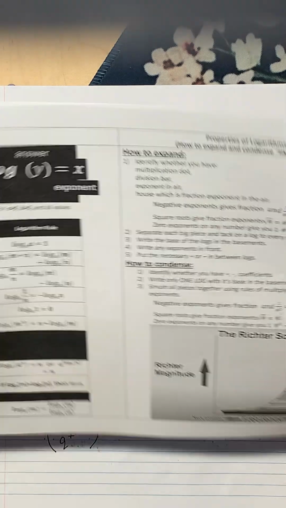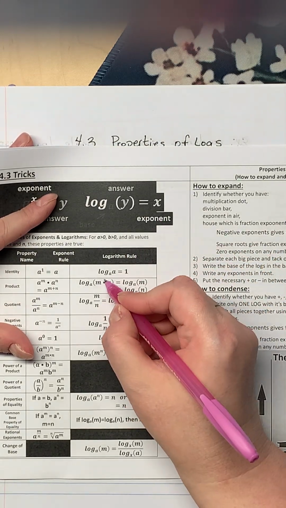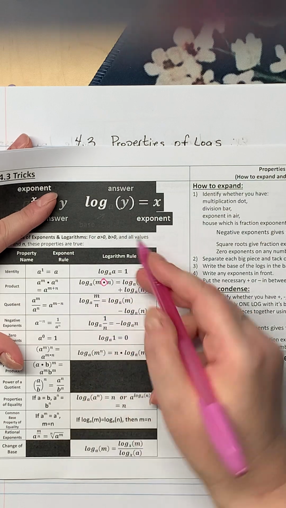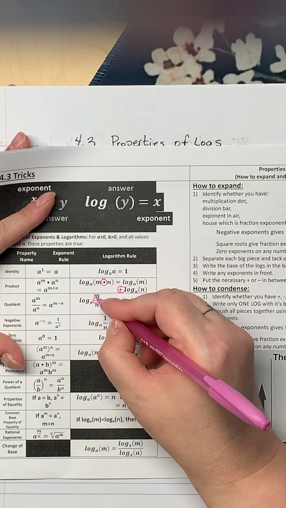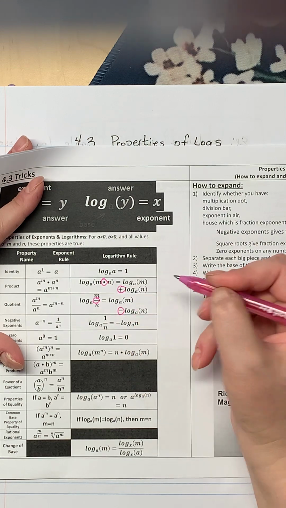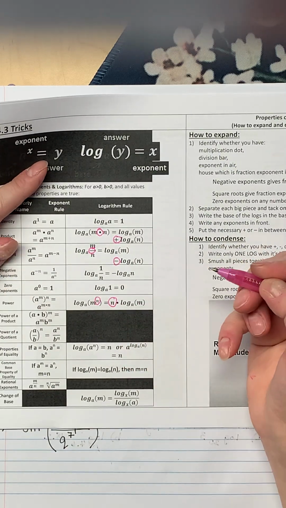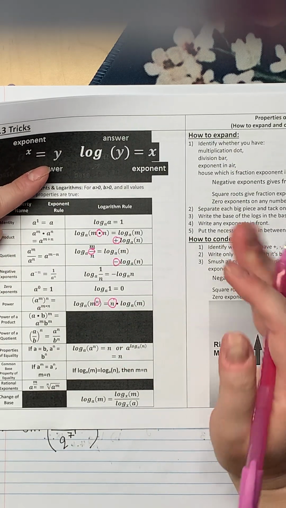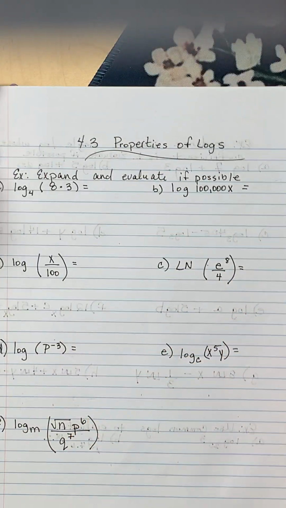So one of the rules is if you have something being multiplied using the product rule, it changes to addition. If something's being divided, it changes to subtraction. If something has an exponent in the air, the exponent comes down in front. So those are our three main rules when we're talking about logarithms.